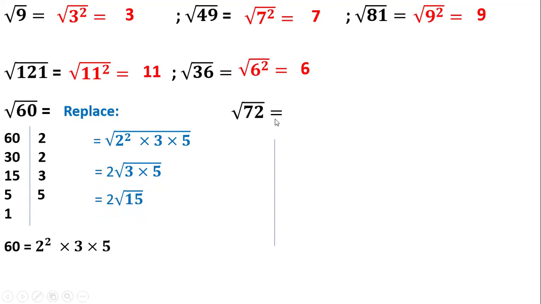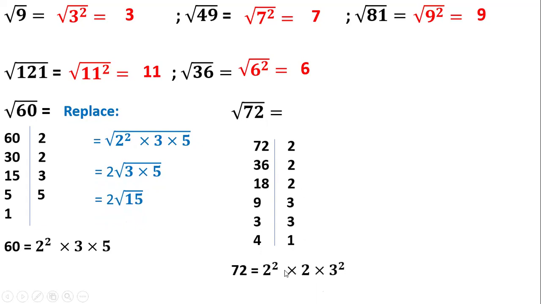I have another example, which is radical 72. I also do the prime factorization. So these are the prime factors of 72. Now I replace them inside the radical of 72. Now 2 squared comes outside as 2. This 2 has no square on it, so it stays inside the radical. 3 squared comes out as a 3. So now outside I have 2 and 3.